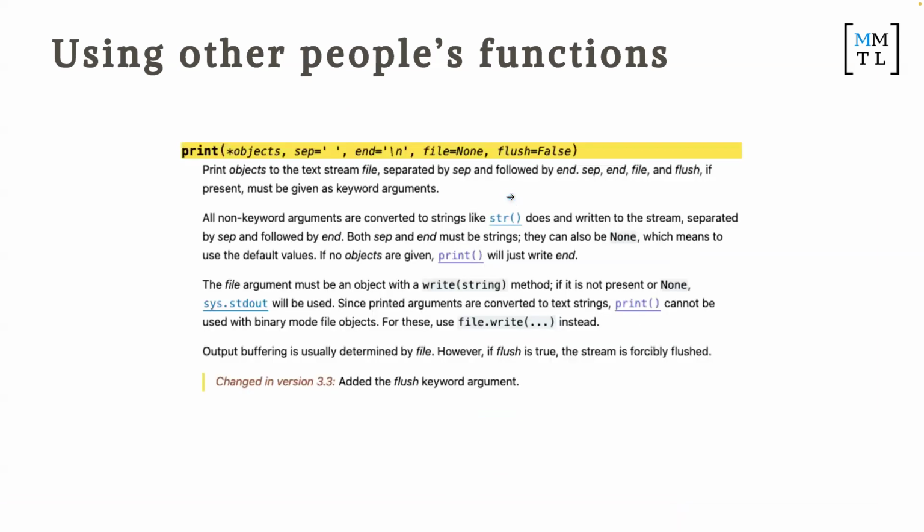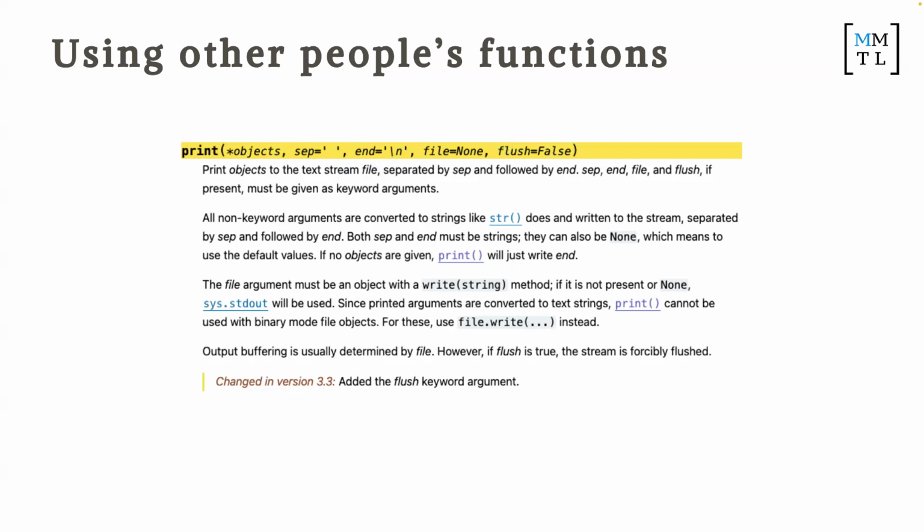So looking at this is Python's own definition of the print function. And it looks really complicated, but essentially, you know how for our arguments, we call them positional arguments.